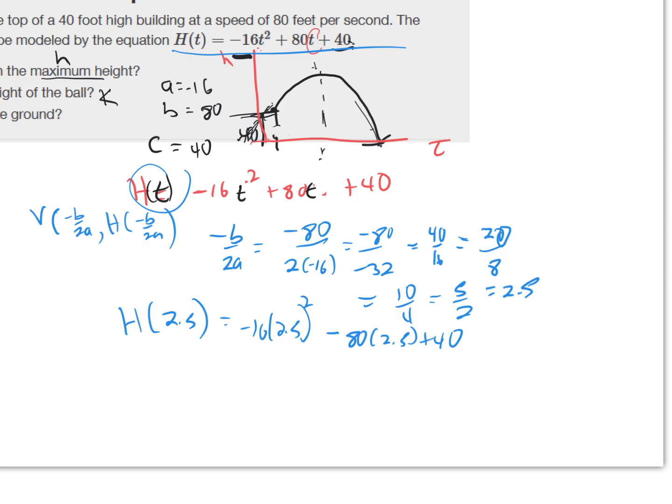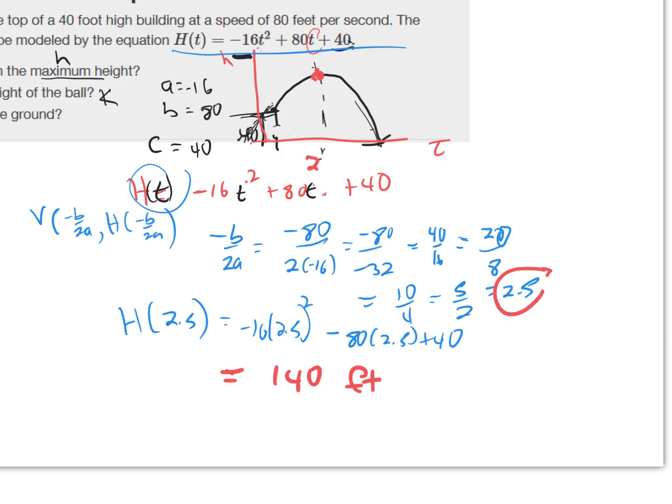Did you get it? Equals 140 feet. That's the height of the ball. That's up there. So no, actually, my x was 2.5.